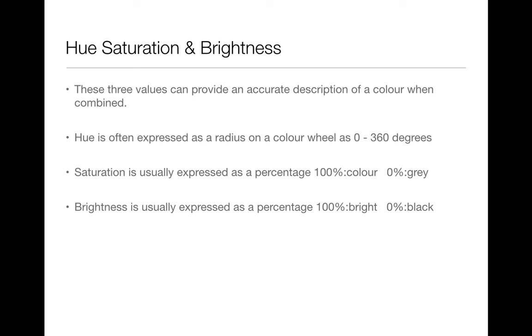Now, hue is typically expressed as a point on the circumference of a wheel. So it's like how many degrees around you've gone. The saturation is usually expressed as a percentage, 100 to 0, where high would be 100, heavily saturated, 0 would be no color in there at all, and then brightness again from 100% to 0. 100% would be light, 0% black.